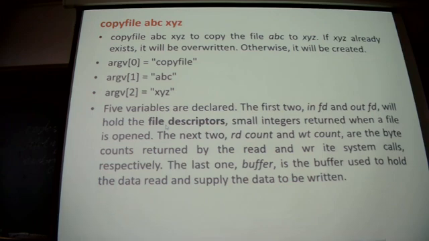They are just used for the file descriptors. We will get into details in the next slide. The next two are rd count and wt count. These two variables record the number, the count.